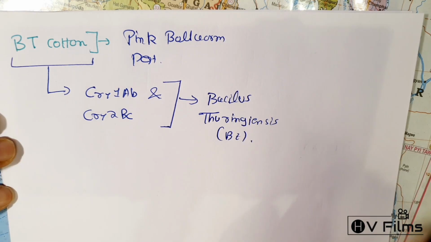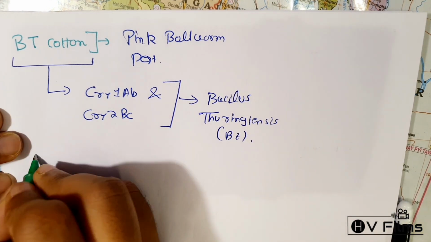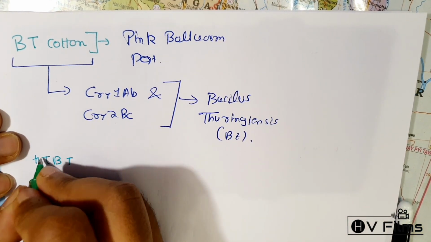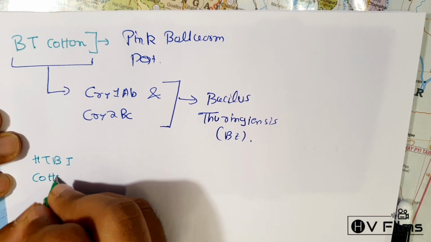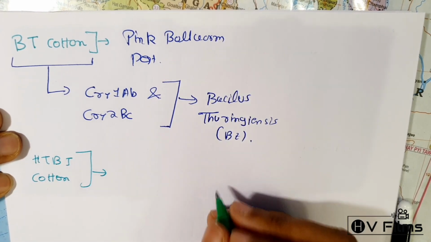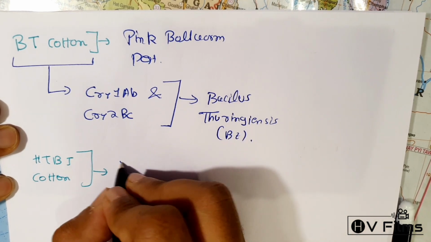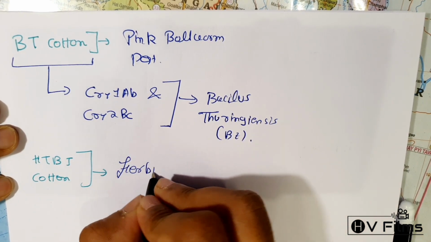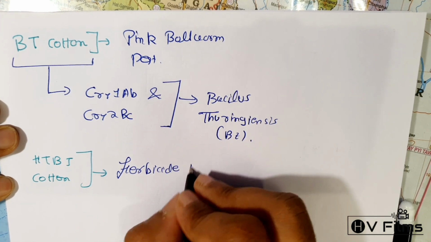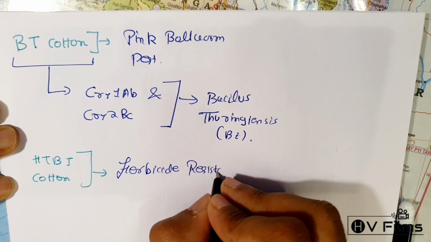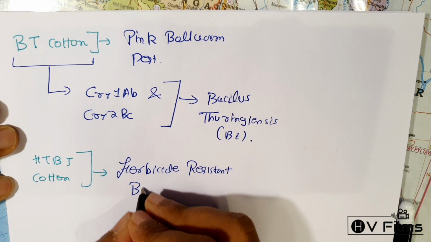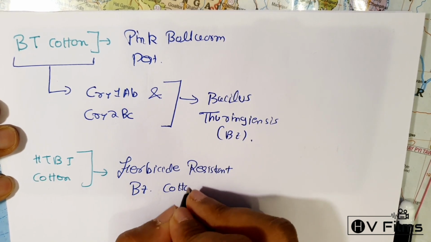Similarly, we also have something called the HTBT cotton. HTBT cotton is short for herbicide resistant BT cotton.